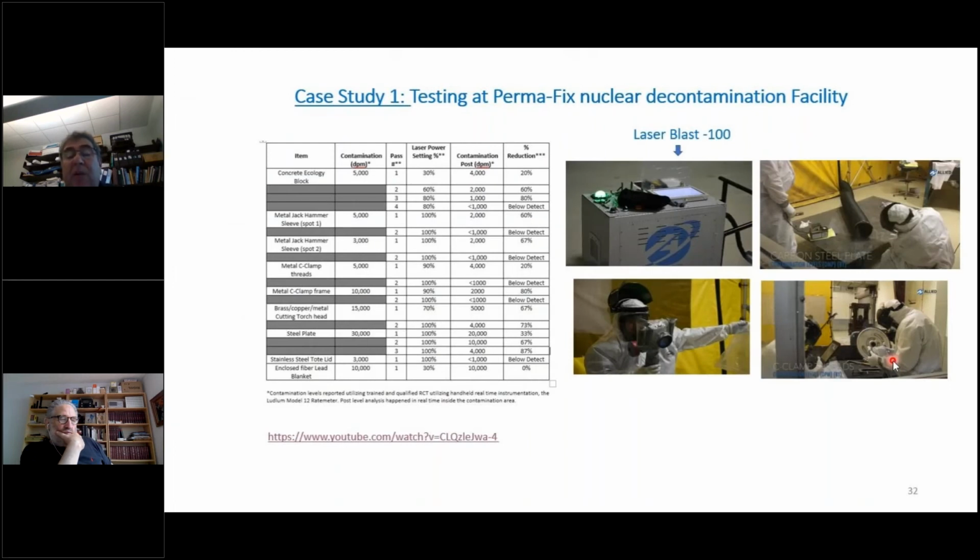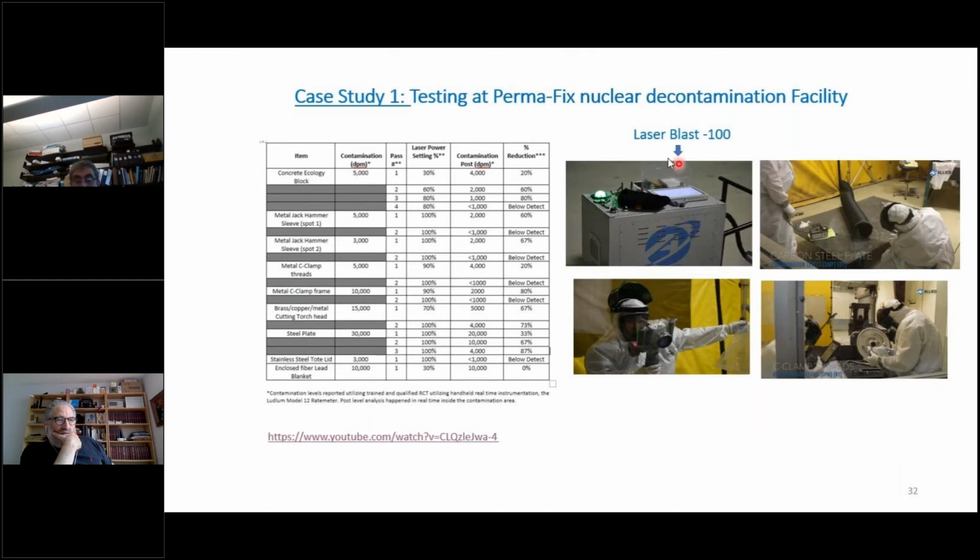So we took the 100 watt unit back in 2017 to their facility, and they set up a negative pressure area where you can see the engineers and their technicians are in heavy personal protection equipment. They are inside the negative pressure area, and the actual box was kept outside of that.